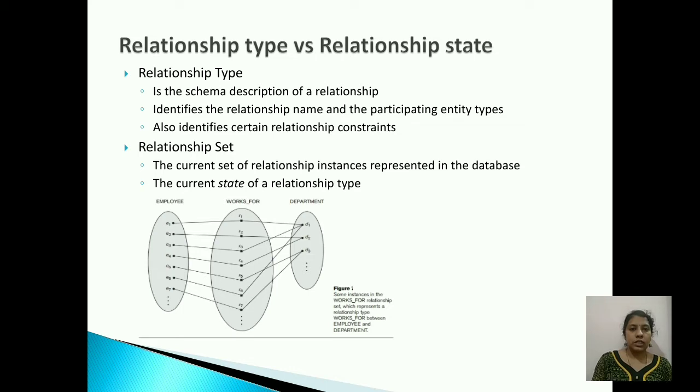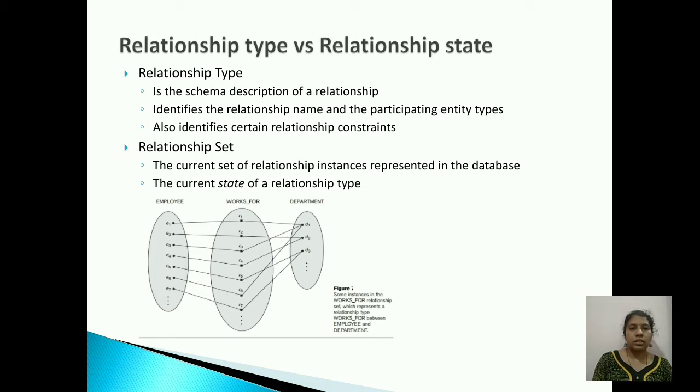It gives the description of the entire relationship. Then if you want to specify some constraints, those constraints can also be identified in the relationship type.